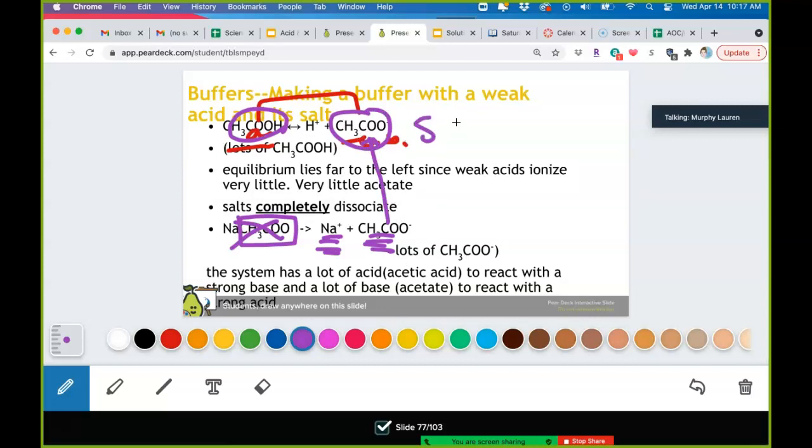But the acetate is coming from the salt. It's not coming from the acetic acid. The acetic acid is in there, and then this part of the acid is coming from the fact that you threw a salt in with it. So again, a salt alone can also not be a buffer because you have this conjugate base, but you don't have the acidic part with just a salt in solution. You've got to have both parts to be a buffer. Okay?